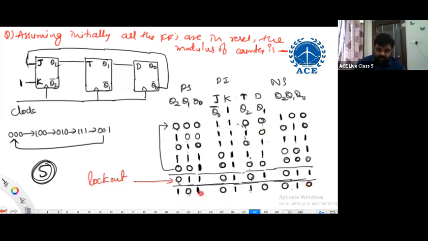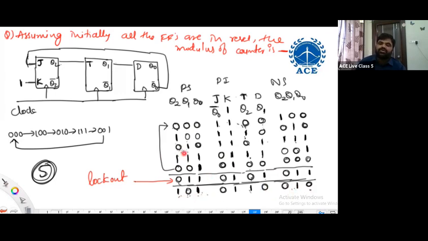So even though it is entering into 101, it is coming back to 010, which is a used state. Once it is coming back to a used state, it is going through these states only. Even though the counter is entering into unused state 101, the next state is 010.